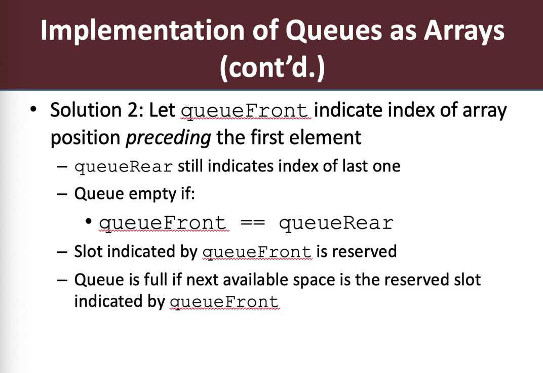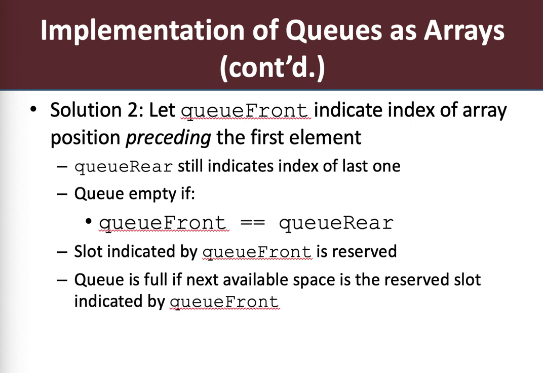In this case, assuming queueRear still indicates the index of the last element of the queue, the queue is empty if queueFront equals queueRear. In this solution, the slot indicated by the index queueFront, that is actually the slot preceding the first true element, is reserved.